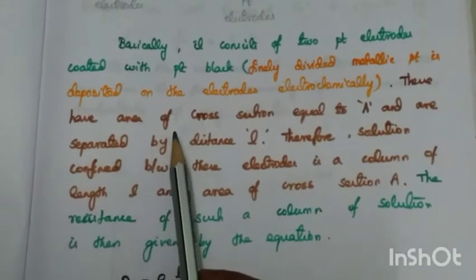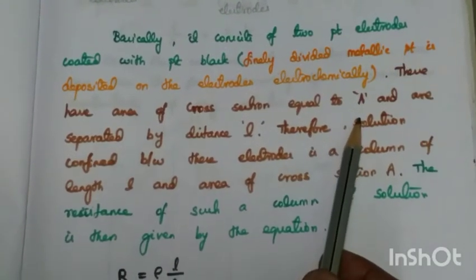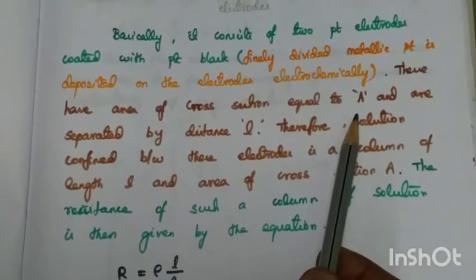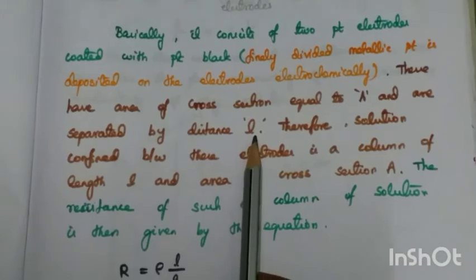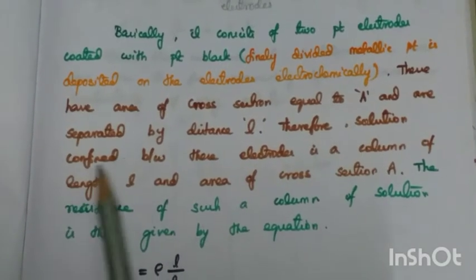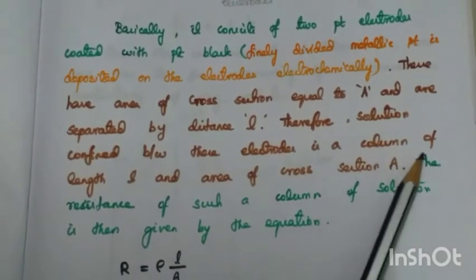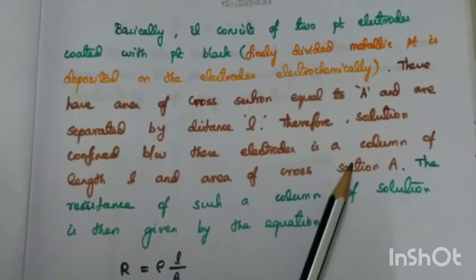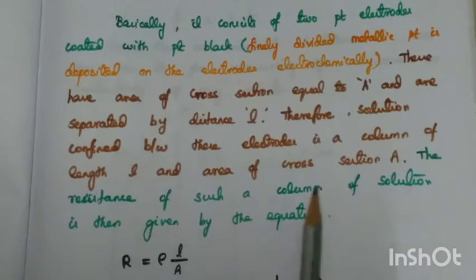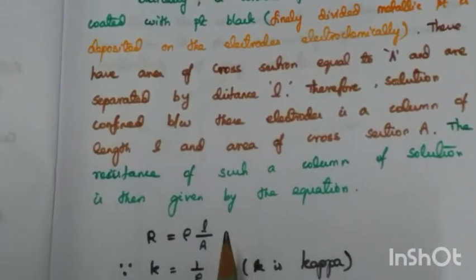The electrodes have an area of cross section A, separated by a distance L. Therefore, the solution confined between the electrodes is a column of length L and area of cross section A. The resistance of such a column of solution is given by the equation R = rho L/A.